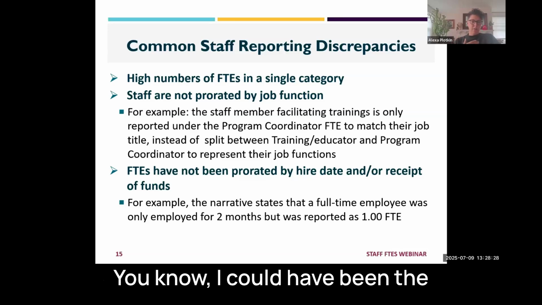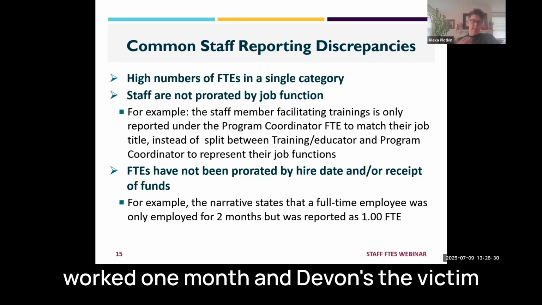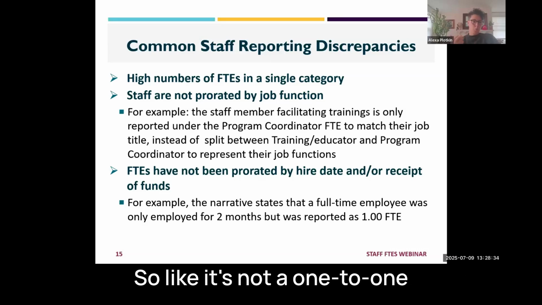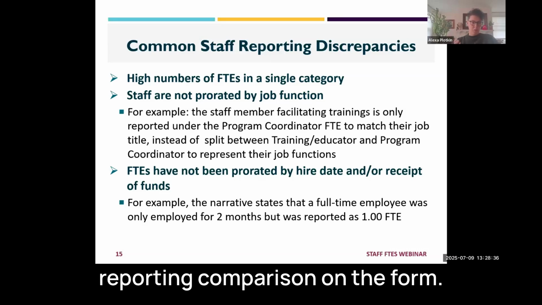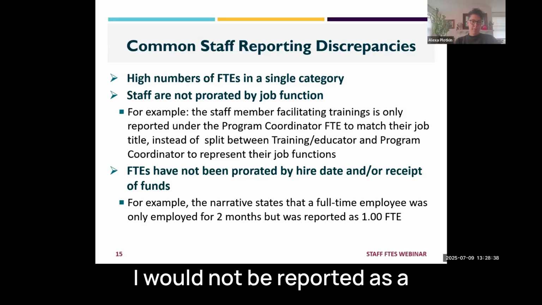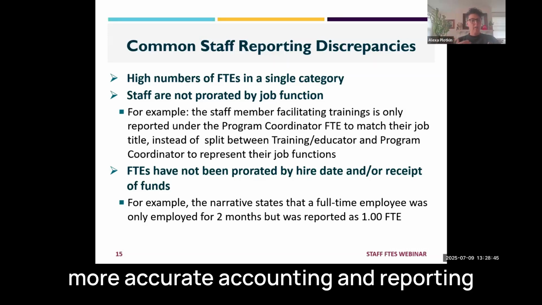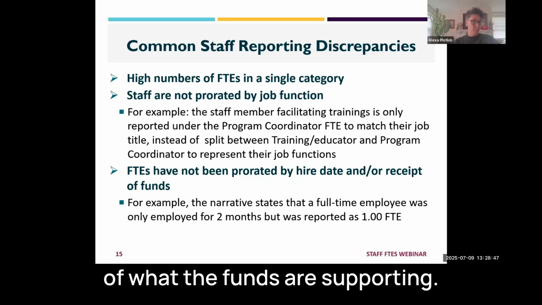I could be the counselor at the agency, but I only worked 1 month, and Devin's the victim advocate and she worked all 6 months. So it's not a one-to-one reporting comparison. On the form, I would not be reported as a 1.0 FTE, but Devin would be. And so ultimately, OVW is looking for a more accurate accounting and reporting of what the funds are supporting.